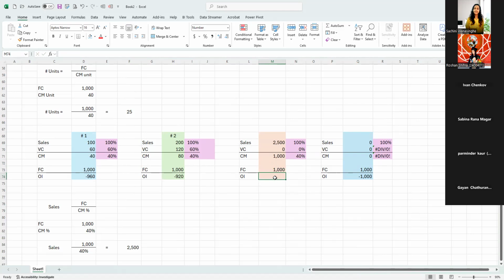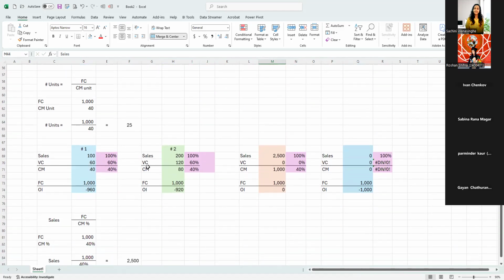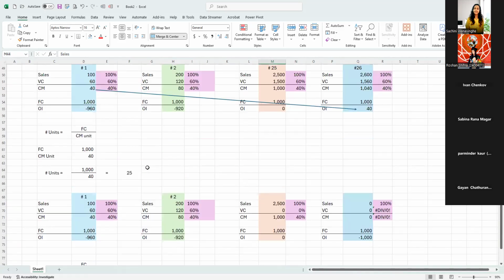Is $1,000 enough to cover my fixed cost? Yes. So I got it. That means this formula also works. So this is only to find the break-even point, right? The break-even point, yes. Okay, sir.